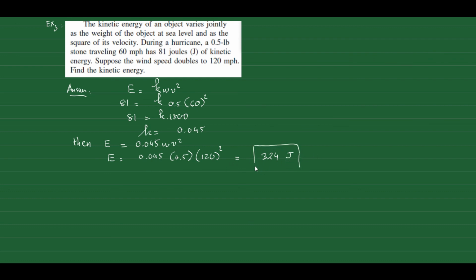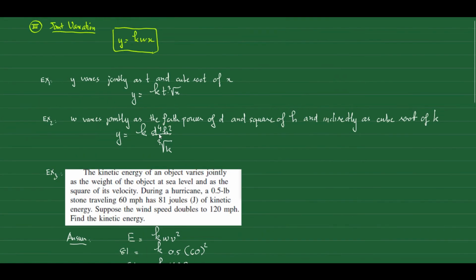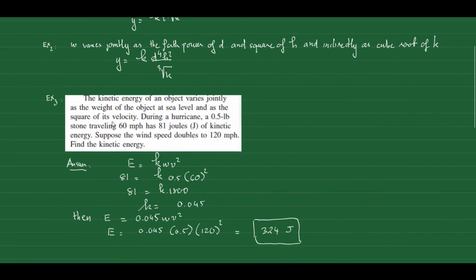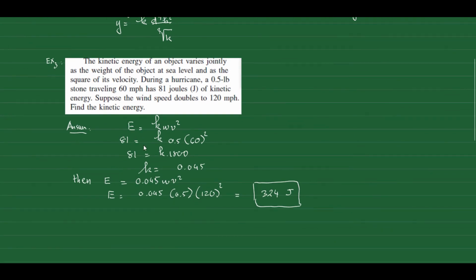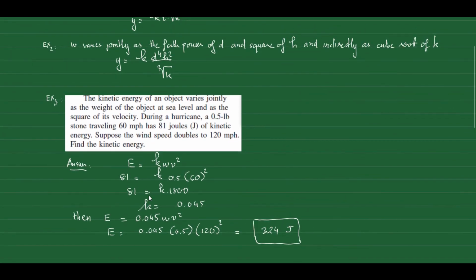That's the unit for energy. So for joint variation and a combination of everything, you have to read the problem. Based on the problem, you write the formula, then write the final equation.